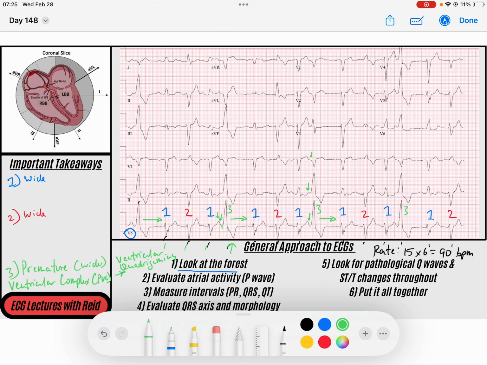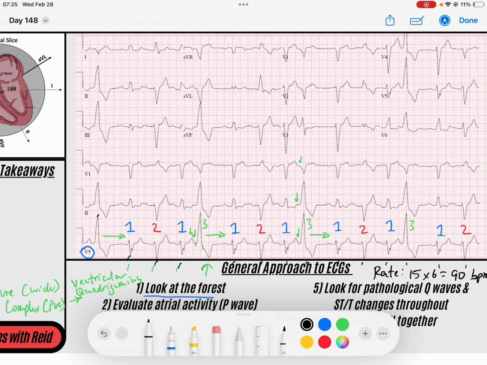Okay? Next thing I'm going to do is start to figure out what's going on with beats of morphology number 1 and morphology number 2. So I look in front of them to see if there are P waves, and I think there are. If I come all the way up to lead 1 and trace all of these up, remember each of these are the same beats. In front of them I have P waves.